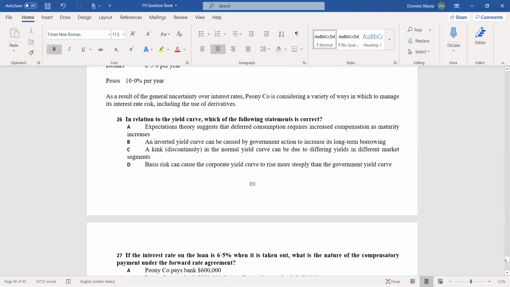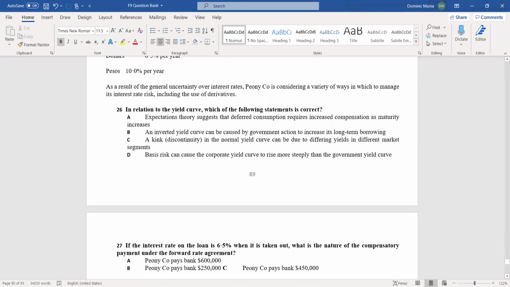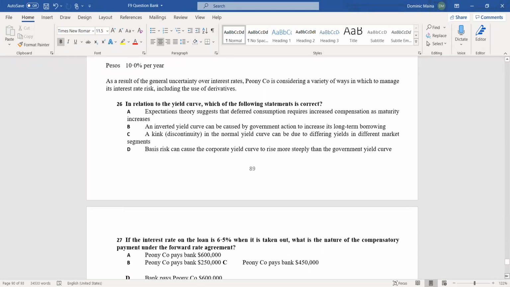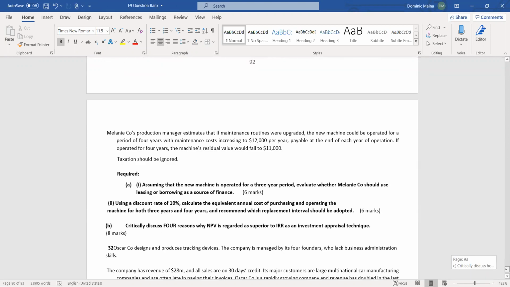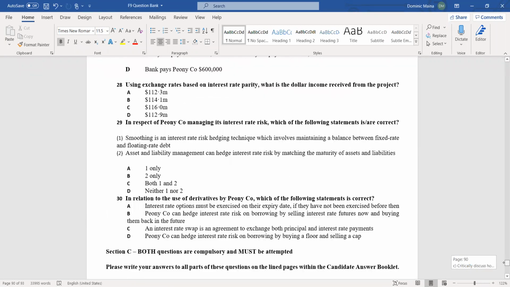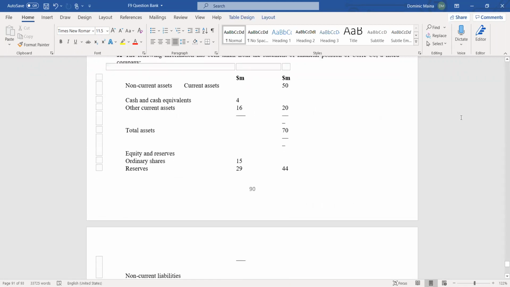Let's see what the question says on page 90. The company is financed as follows. It is financed by equity; you can see we have the ordinary shares here.